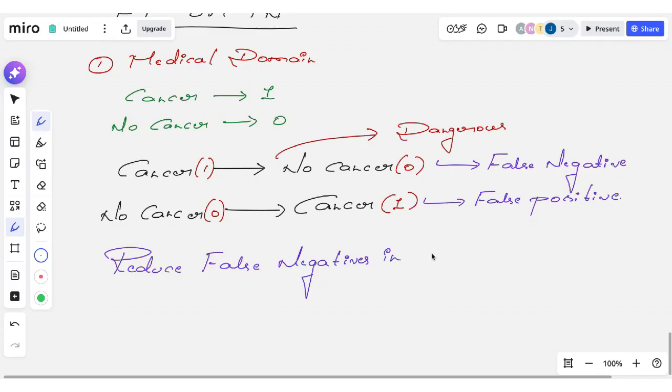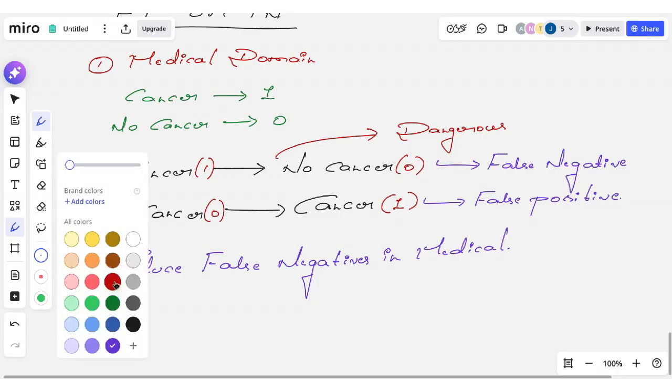Reduce false negatives in the medical domain. So what should be taken care of here? False negatives should be reduced. That is, classifying the positive class as the negative class should be reduced. So coming to a metric, among recall and precision, which focuses more on false negatives?